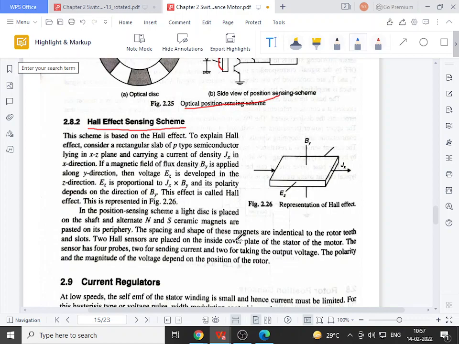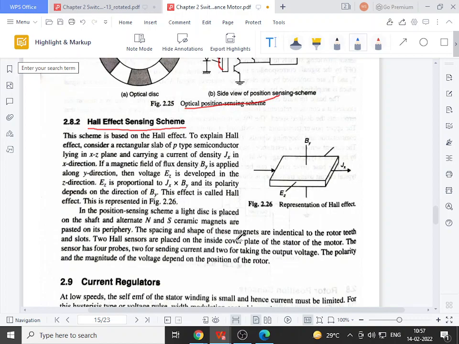Okay, so they are internally fixed with the motor, and only the outputs of those Hall effect sensors are taken over the terminals of that motor. Okay, so if we directly buy an SRM with Hall effect sensors as rotor position sensors, then we will obtain terminals of Hall effect sensors as well as the terminals of stator phase on that motor terminal box.